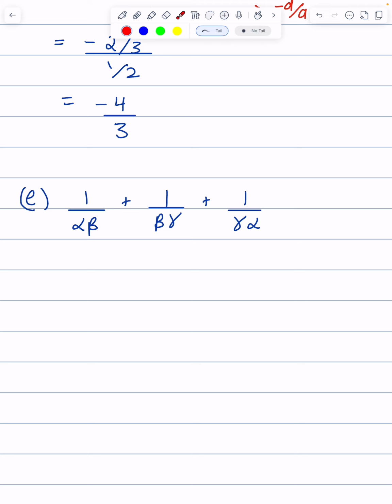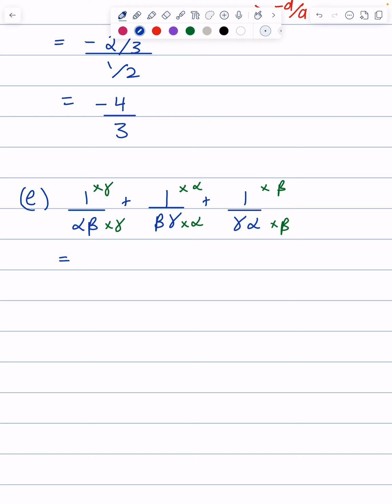If I look at this first fraction, notice that the only root it's missing is gamma. So I'm going to multiply this fraction by gamma, basically multiplying by the missing root. I'm multiplying by alpha for this fraction here, and then by beta for this one here.